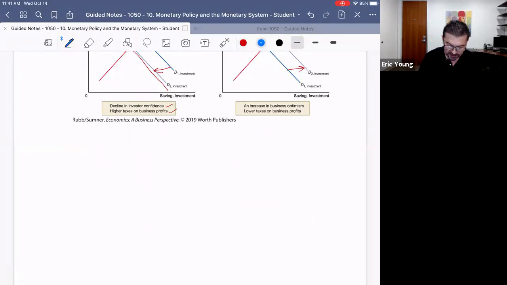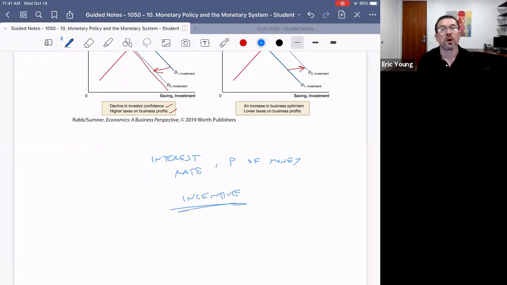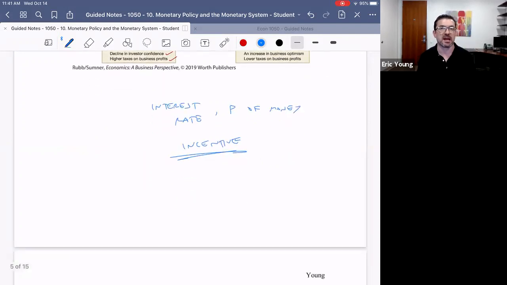At its core, it's critical that you walk away with an understanding that the interest rate, AKA the price of money, is an incentive. It strongly influences people's behavior. What people are we speaking about? Well, we're speaking about two groups in particular: consumers and businesses.